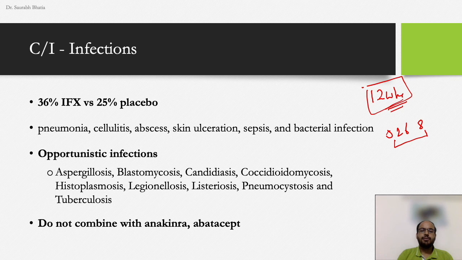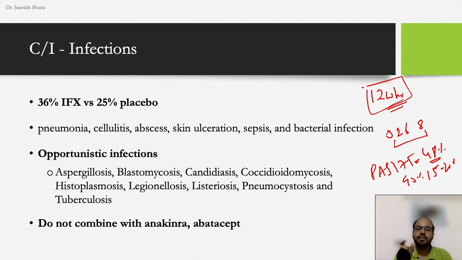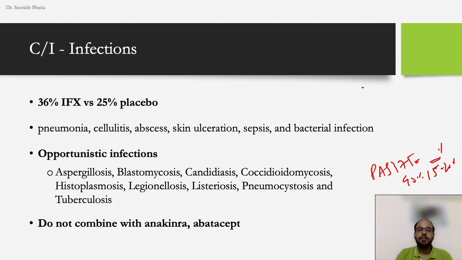Approximately 48% of patients will reach PASI 75 at 12 weeks, and around 15 to 20% will have PASI 90. If there is not similar improvement at the end of 12 weeks, you might consider decreasing the duration between subsequent doses of infliximab. And if that also does not lead to further benefit, you might have to consider discontinuing infliximab and look for other therapeutic options.